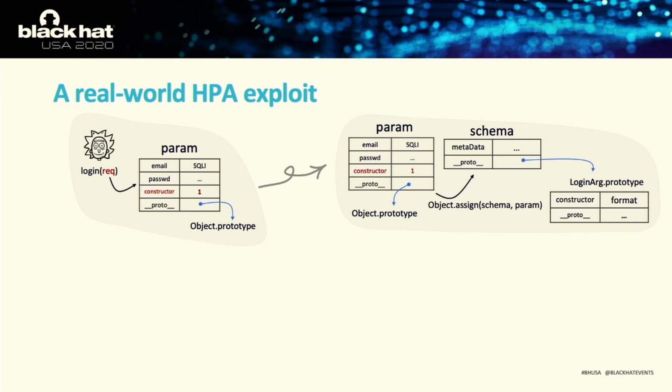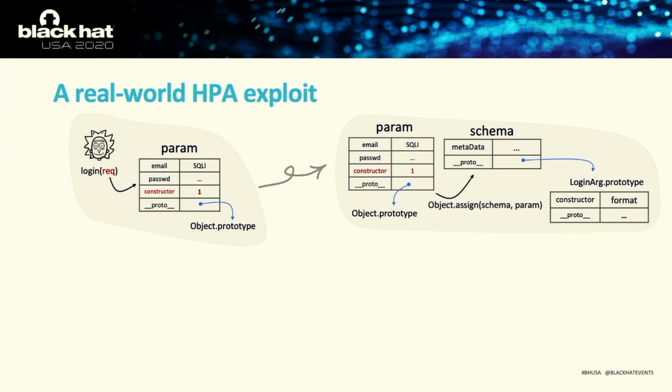In the second step, the program will prepare the parameters needed by the input validation API. The server program will merge the user input, which is the param, with an object named schema. The merging operation is performed by putting every property of the param object into the schema object. This is a process very much like Object.assign.